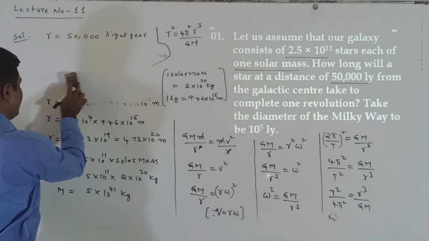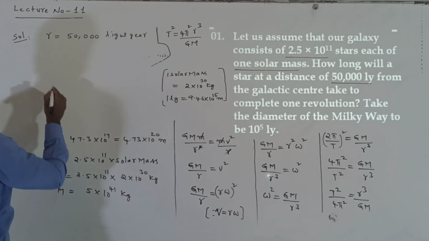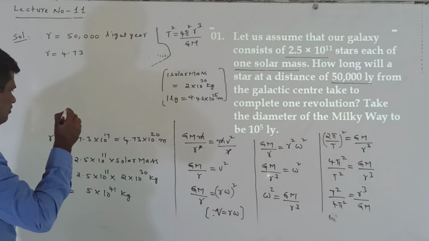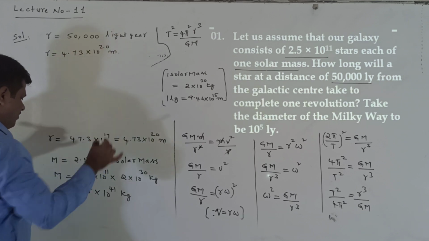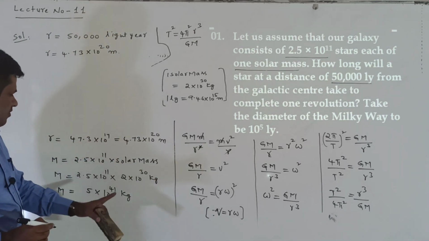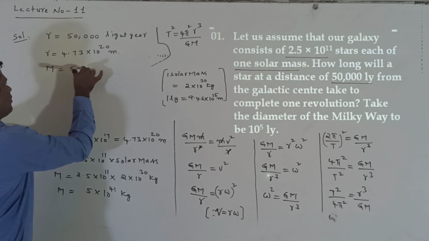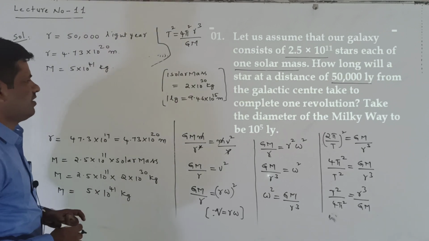The r value is 4.73 into 10 power of 20. That is the final r value we are getting. The final m value is m equal to 5 into 10 power of 41 kg.